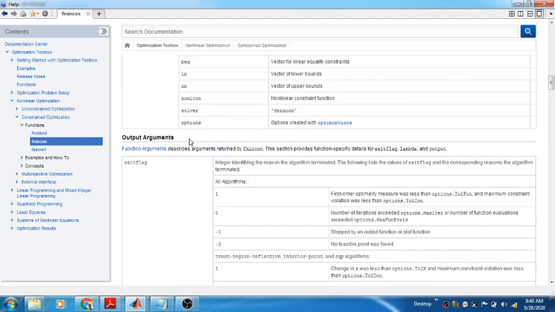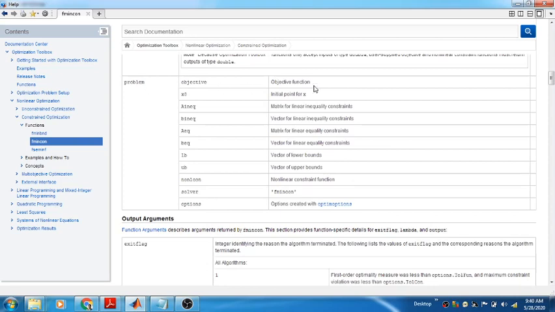I suggest you go through it. You can see here it is the objective function, then the initial value, then the matrix A and vector b for linear inequality constraints, that means whether it is less than or greater than or equal to. This one is for linear equality constraints, and this is lb, the lower value, and ub, the upper value.